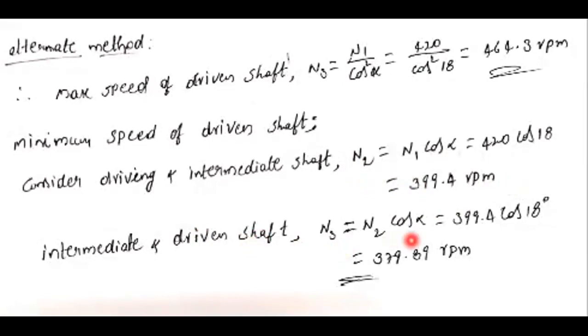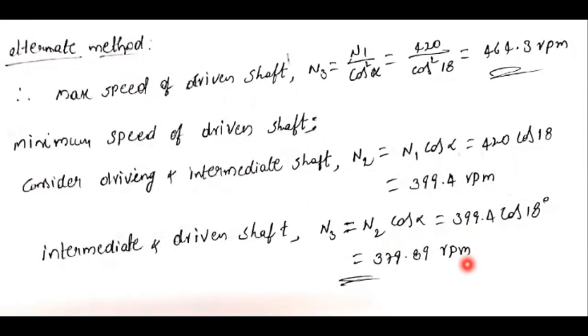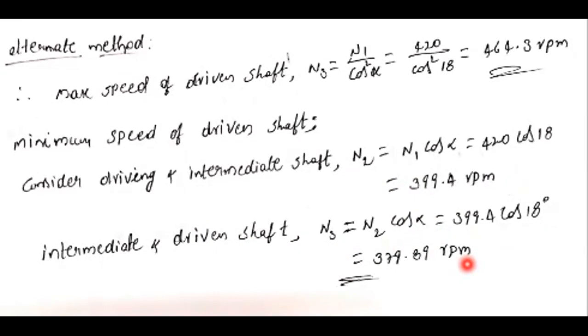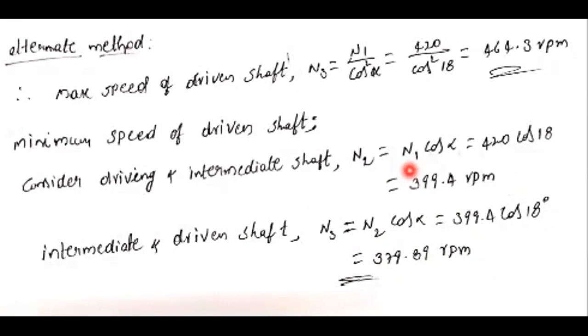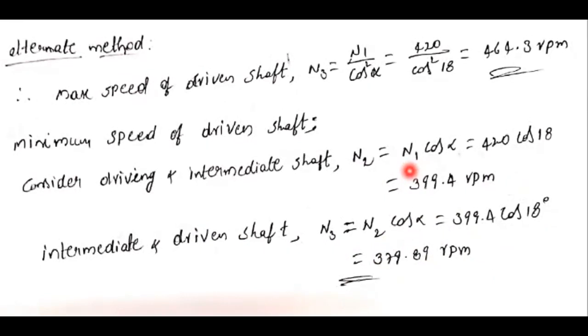Substituting, the minimum speed of the driven shaft is 379.8 rpm. So that is another method for getting our maximum and minimum values.